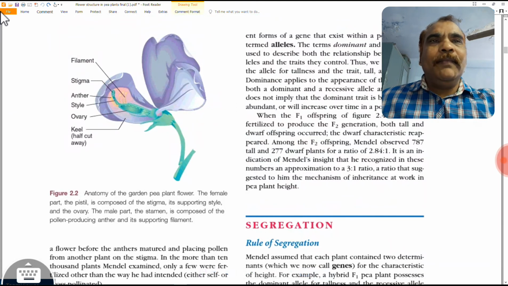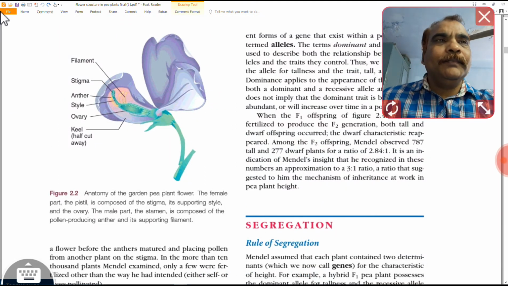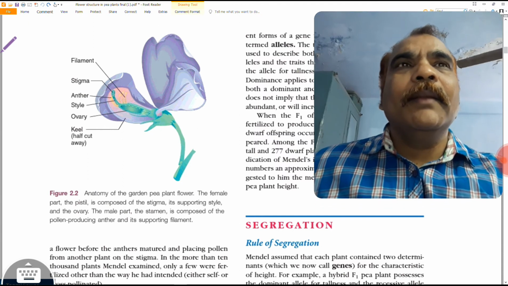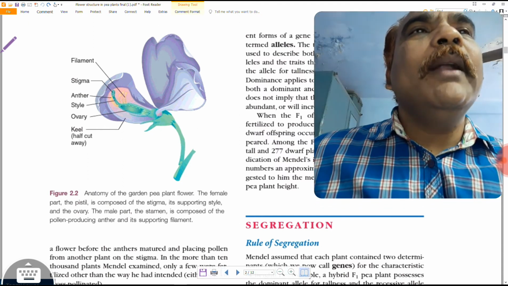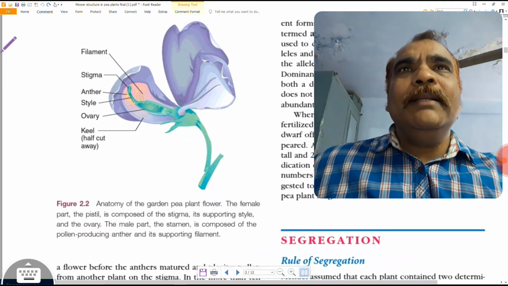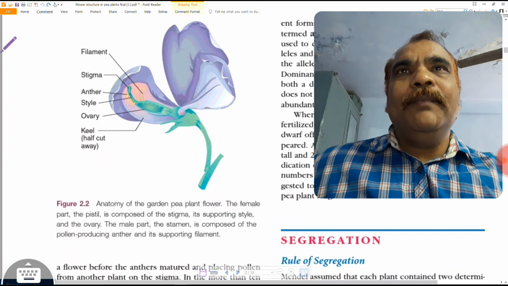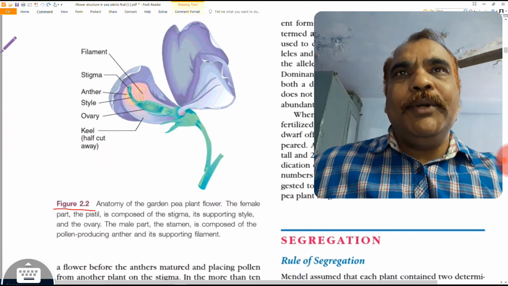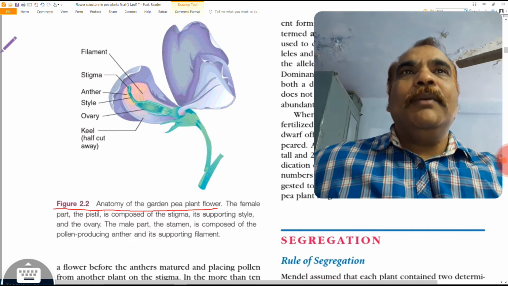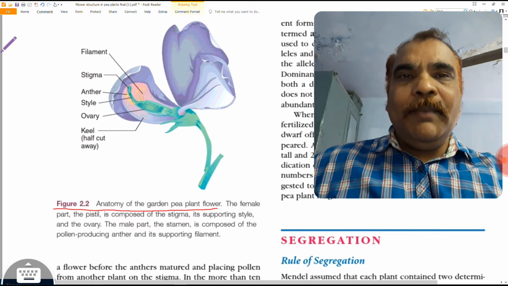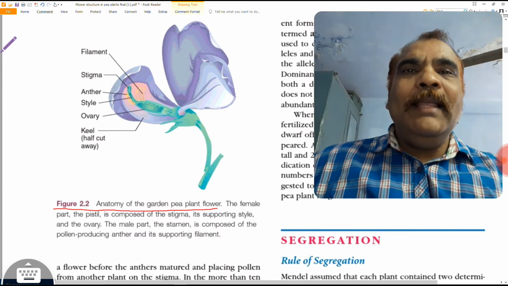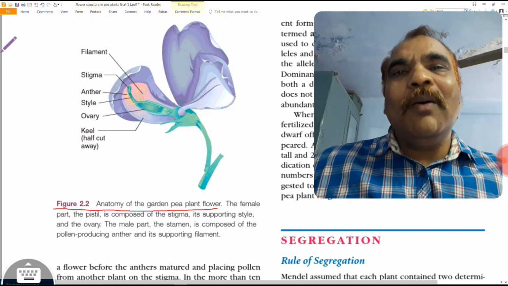Now here on the left hand side, you can see the pea plant flower is shown, figure 2.2, anatomy of the garden pea plant flower. In the pea plant flower, the female reproductive organs are present and the male reproductive organs are also present.